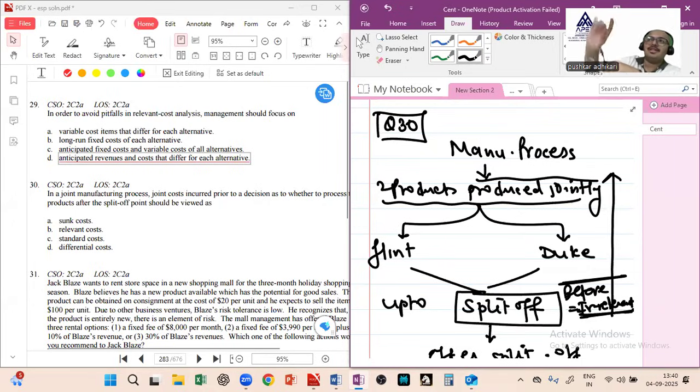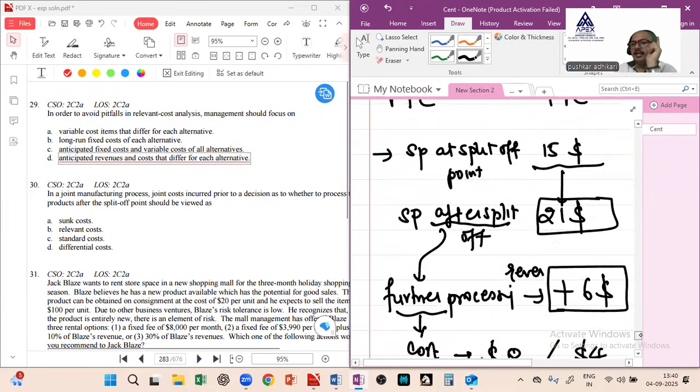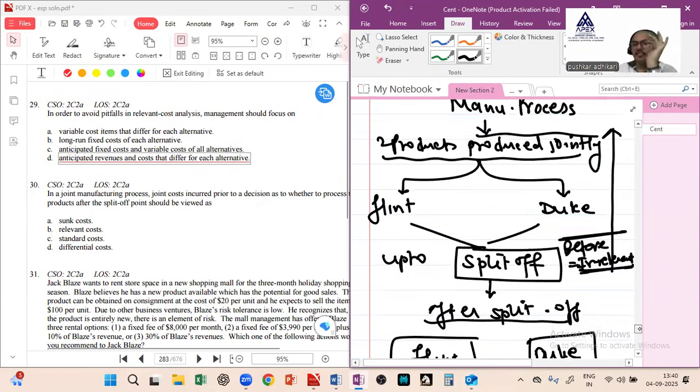So for that further processing, I am only interested in incremental revenues and incremental cost. I am not interested in any cost incurred before the split off.